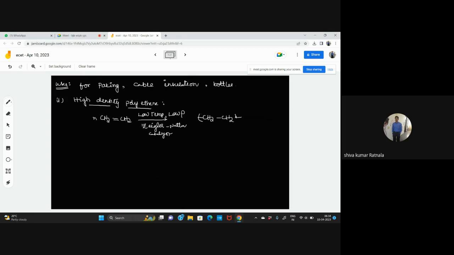Ziegler-Natta catalyst is a combination of titanium chloride and triethyl aluminum.